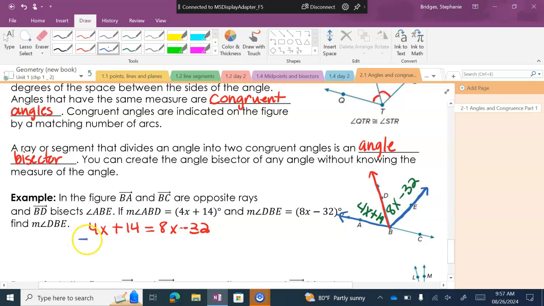Remember, when we're solving, x is not going to be my final answer because they didn't just ask me to find x.